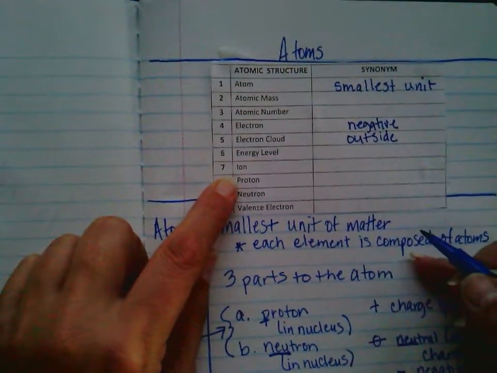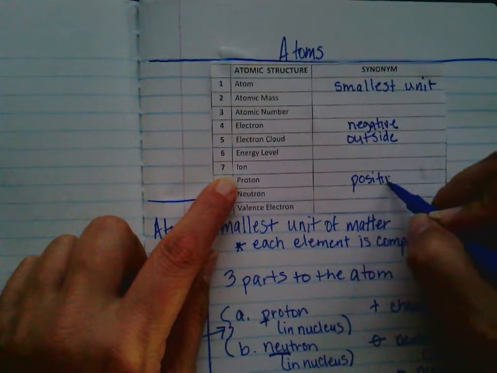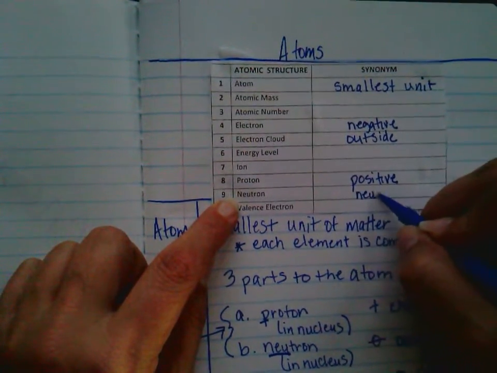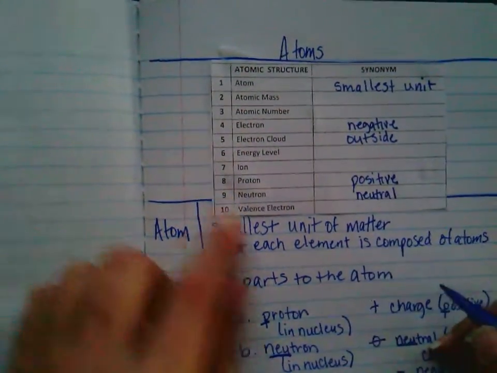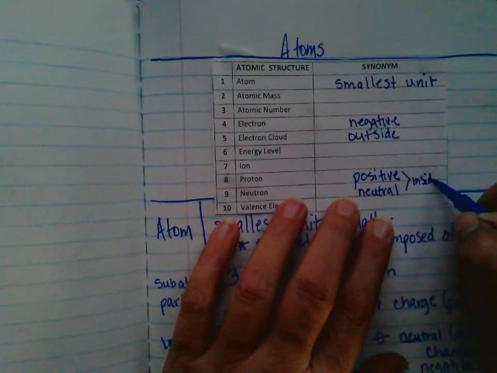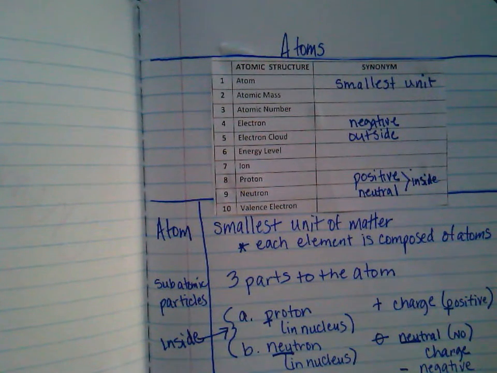The proton would be positive. And the neutron would be neutral. And even if you wanted to add it, both of these are on the inside. So we've already done a few of our synonym notes. So take a moment and fill in, glue in and fill in your synonym chart.